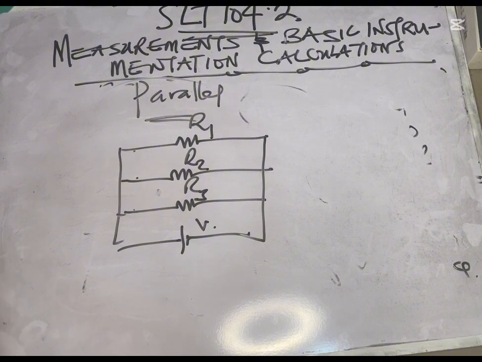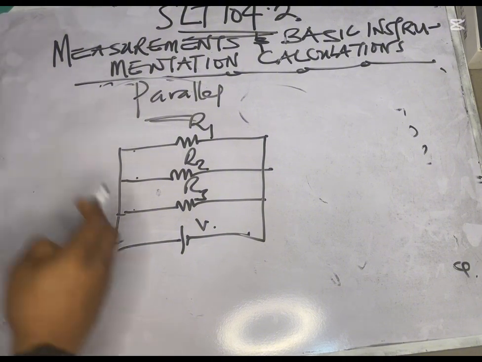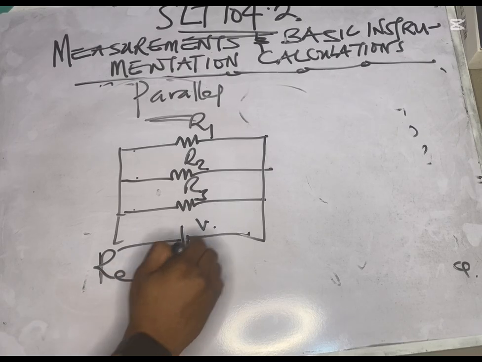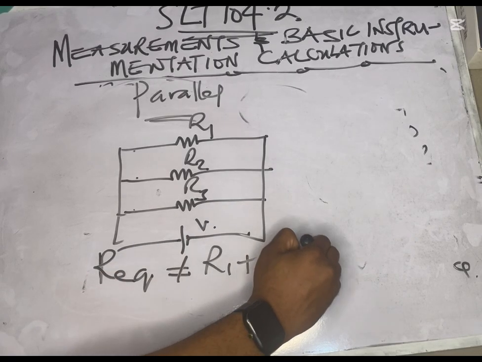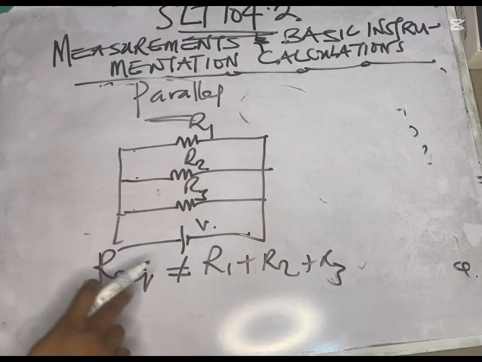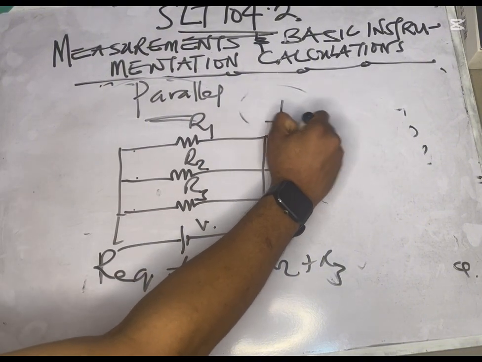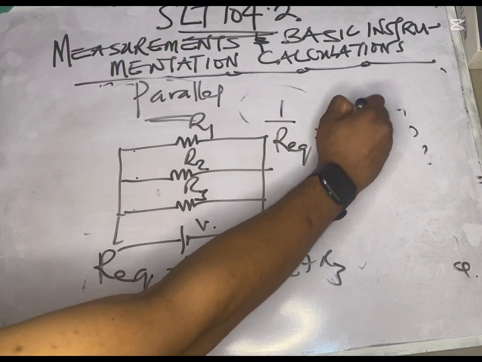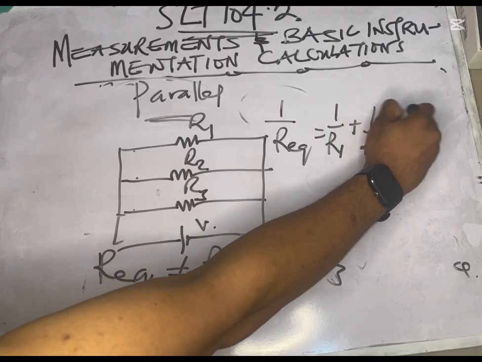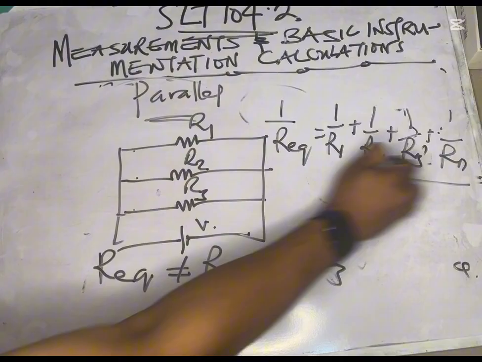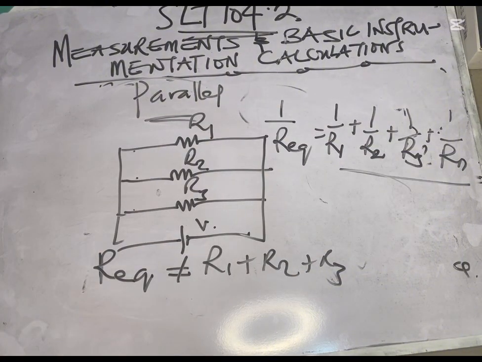you have to first of all know the total resistance. How will you know the total resistance? Total resistance REQ is not R1 plus R2 plus R3. Rather, 1 over REQ equals 1 over R1 plus 1 over R2 plus 1 over R3 and so on. So basically it's the inverted form of your resistances that will give you your equivalent resistance.